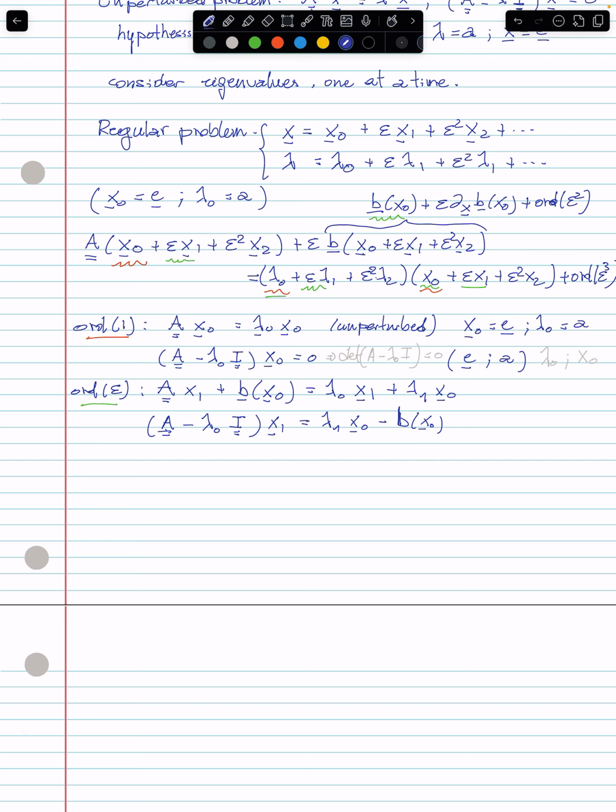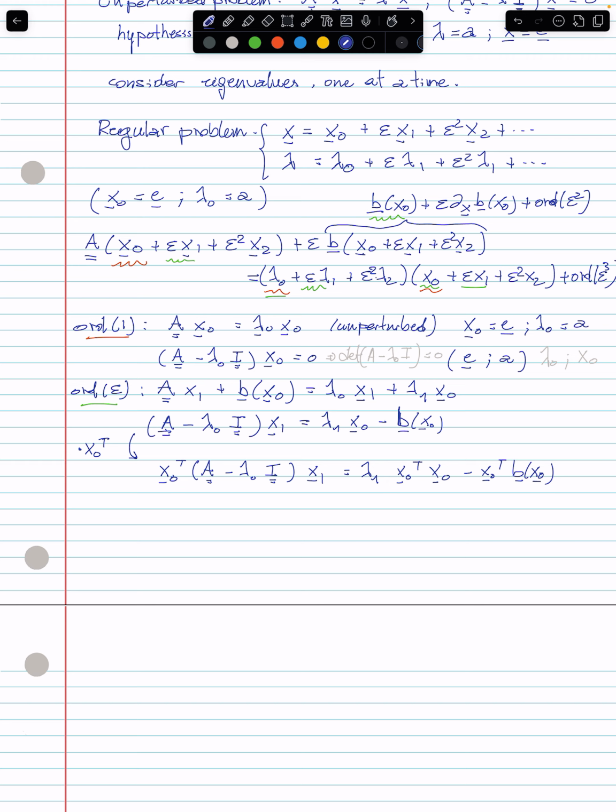A very simple way to prove this is to multiply this equation on the left by x0 transposed. If we do this, we have a projection of the equation on the unperturbed eigenvector, so that we have x0 transposed times A minus lambda 0 I times x1 is equal to lambda 1 x0 transposed multiplied by x0 minus x0 transposed times b of x0.